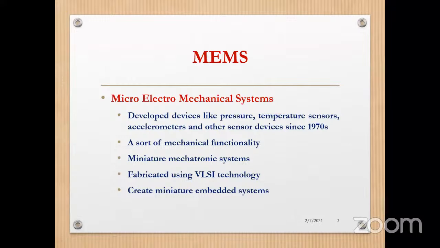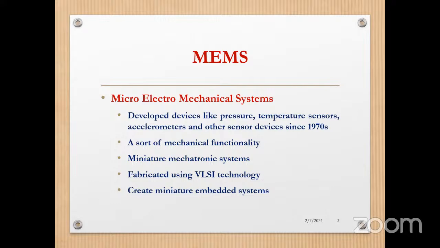So what is MEMS? MEMS is nothing but micro electromechanical system, right? So basically the size, or we call it scaling, will be in the range of micrometer to millimeter.